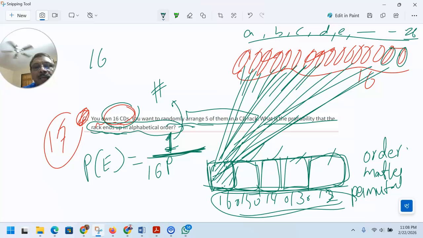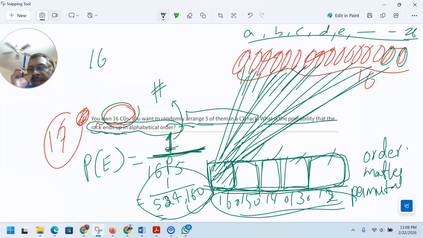See? If you put it on the calculator, you can directly get 5,352,4160. You can put it on the calculator fine, but I'll just leave it like this. Okay. I hope this makes sense to you why it is permutation.